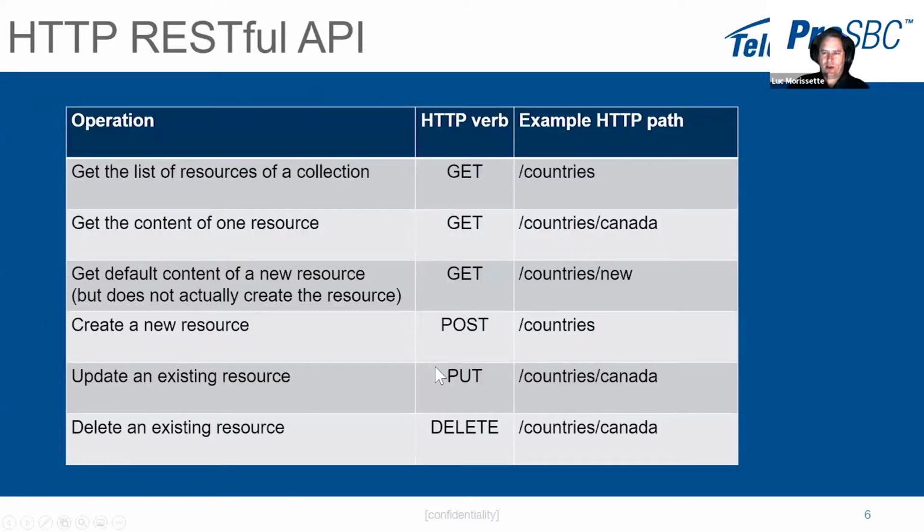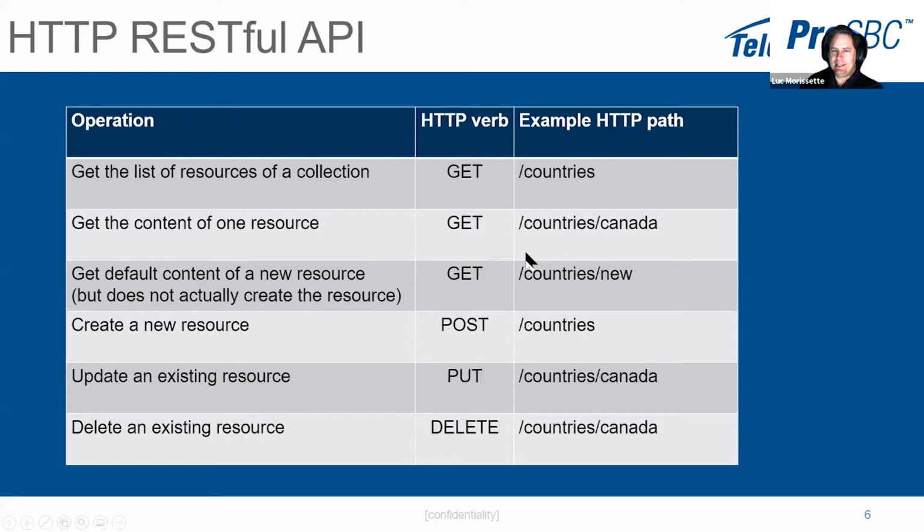So you have just a few functions you can do. One is get, one is post, and one is put, and one is delete, right? So you can get resources of a collection. You can get just one resource.